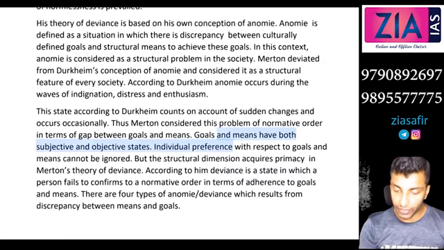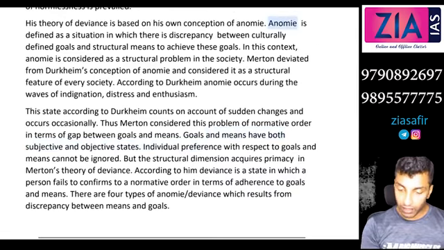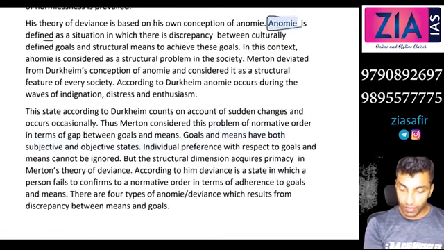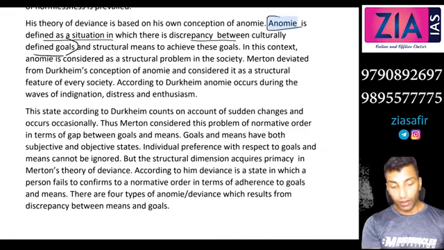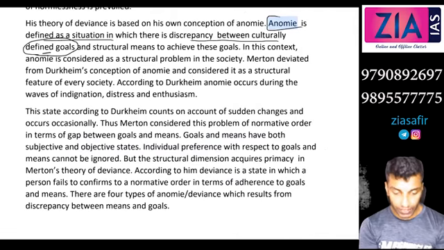So this is the definition. Anomie is defined as a situation in which there is a discrepancy between culturally defined goals. Okay, so there are certain goals which is defined by culture and there are structural means to achieve these goals.